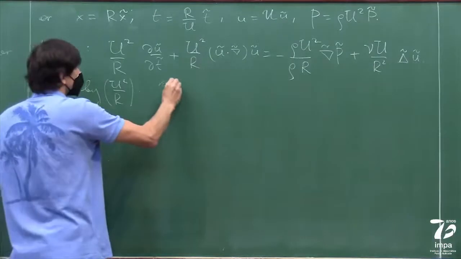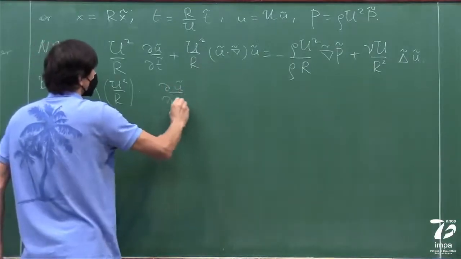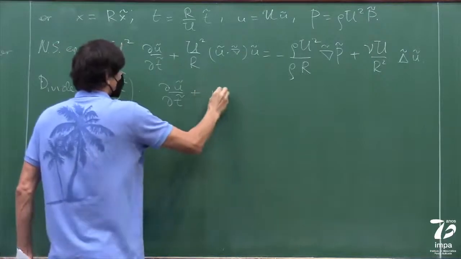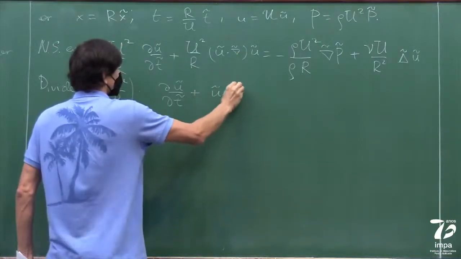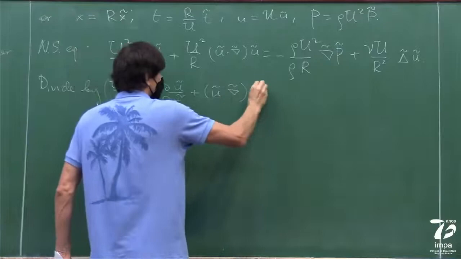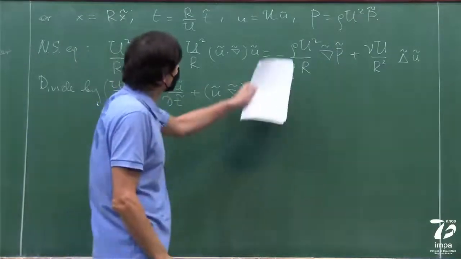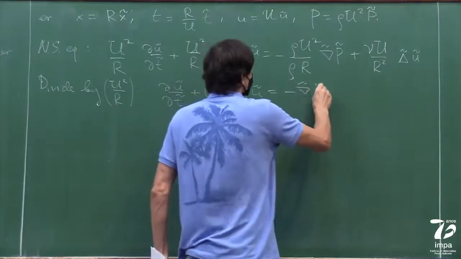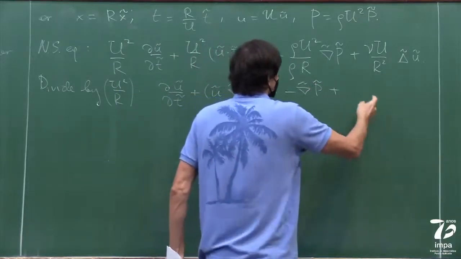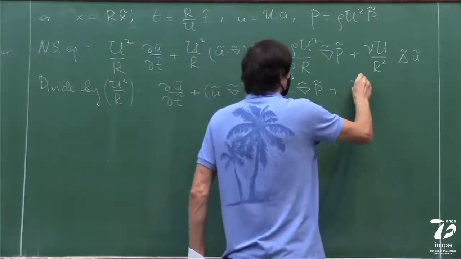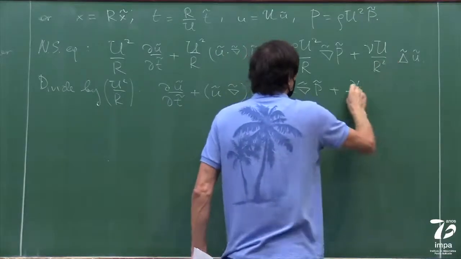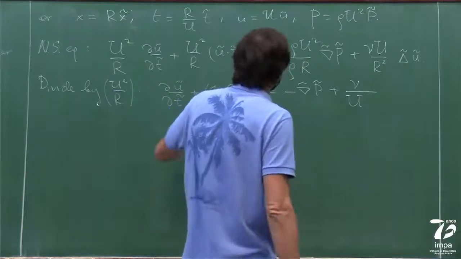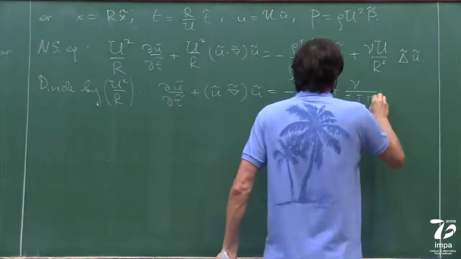From here you just get the derivative, from here you also have only this term, and here also everything cancels. And here what will be left: you divide by U squared, so it will be 1 over rho, and R will cancel one of the R's.